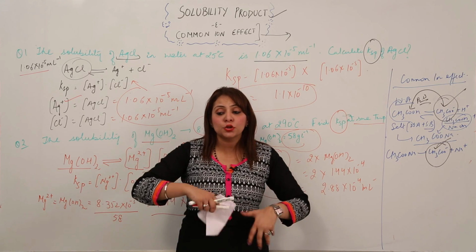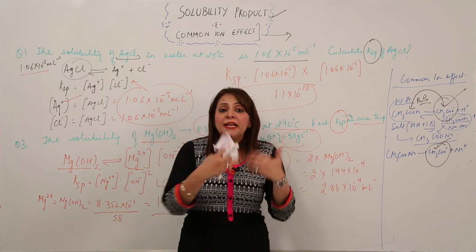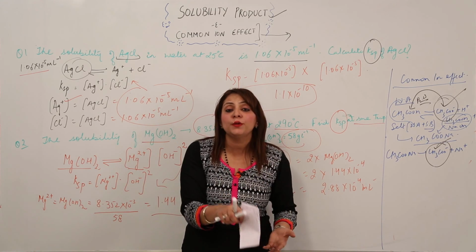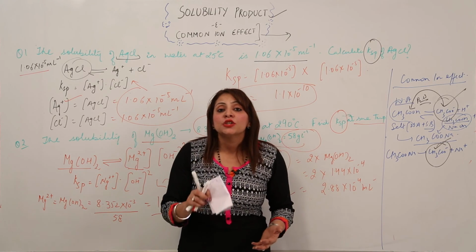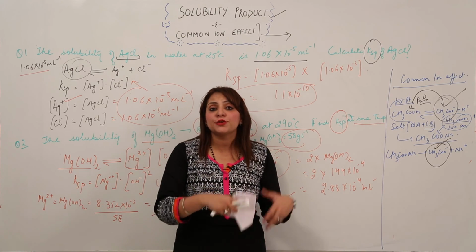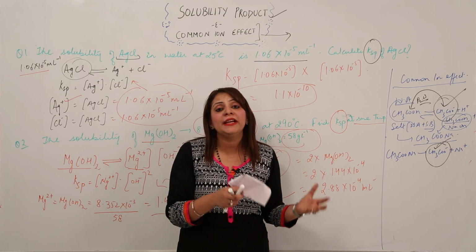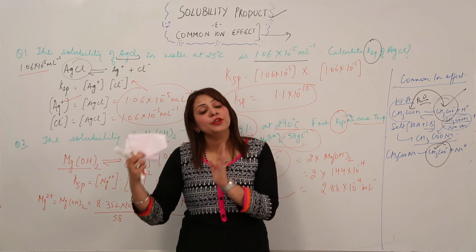When a salt or any compound containing this common ion is added, it increases the concentration of that common ion, the dissociation gets reduced, and the equilibrium shifts in the backward direction.